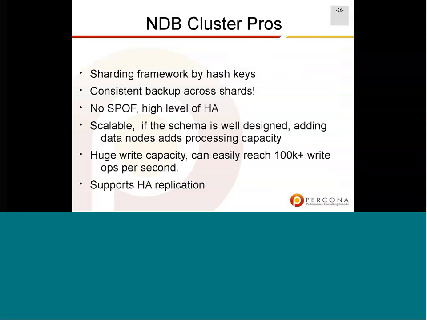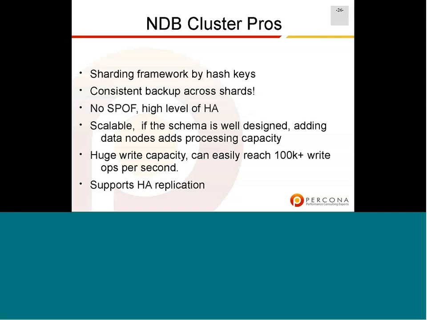So the pros of NDB cluster: as far as I know, it's about the only sharding framework that is really mature and works nicely. Everything, if you think of sharding, it's there.